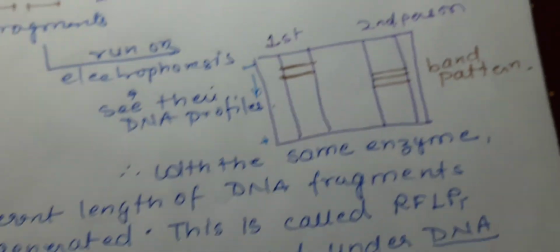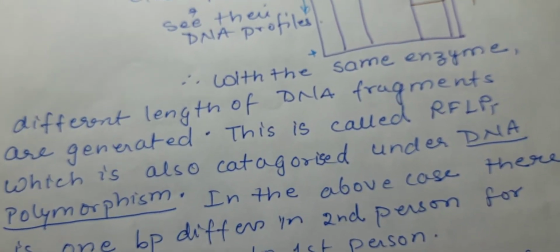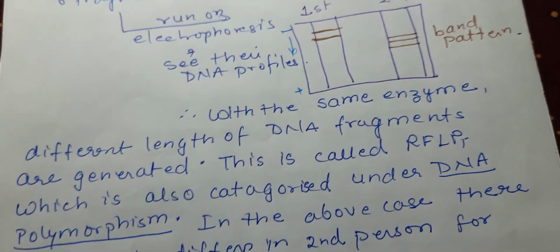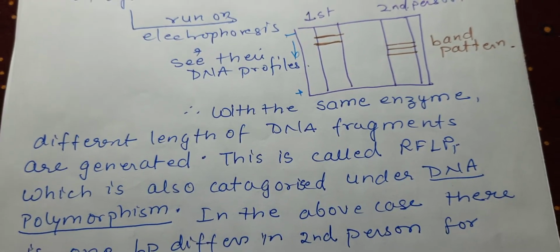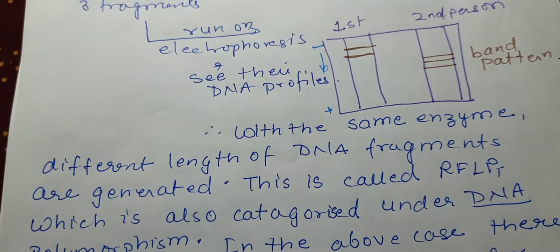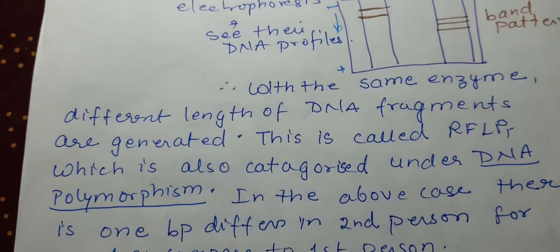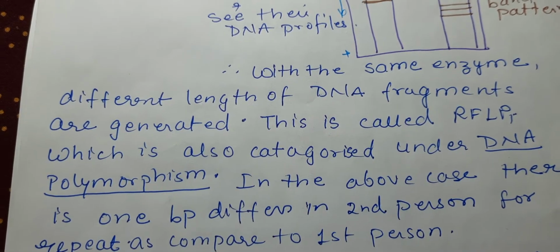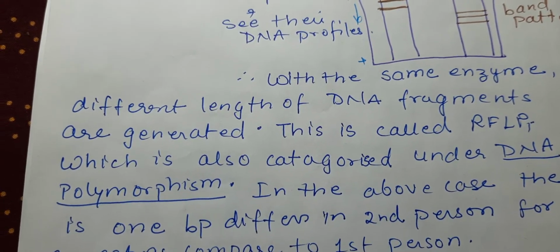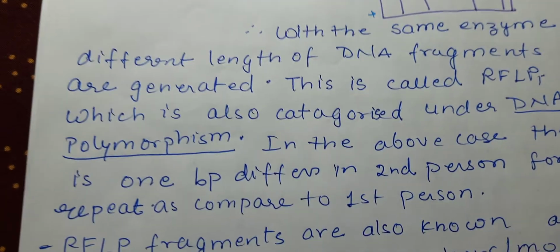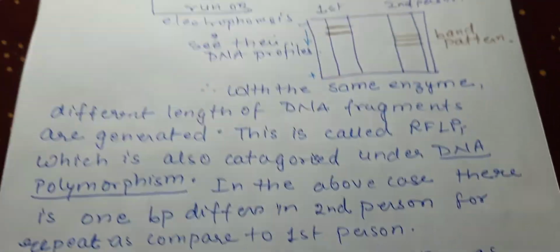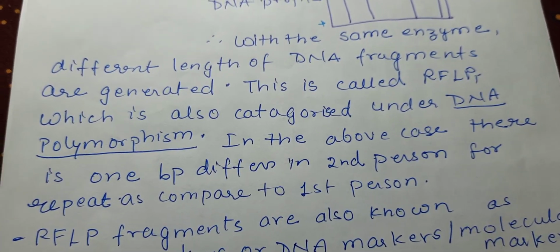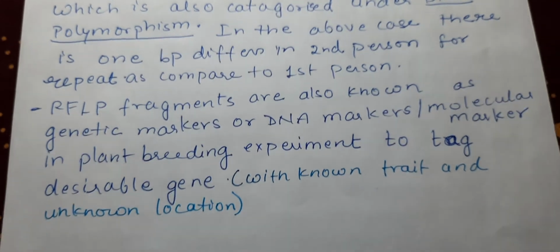Okay, different lengths are generated, and this is called RFLP, that is restriction fragment length polymorphism, which is also categorized under DNA polymorphism. So DNA polymorphism, you can say, is a term which includes basically the variation in the length of DNA because of number of reasons. In the above case, there is one base pair differ in second person for the repeat as compared to the first person.